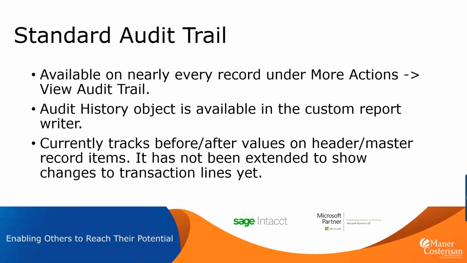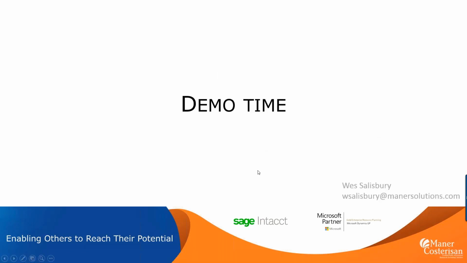It's not going to go down into the transaction rows and tell you when an account is changed and something like that. So we're going to dig into that a little bit more later, but for the time being, we'll just leave it at that.